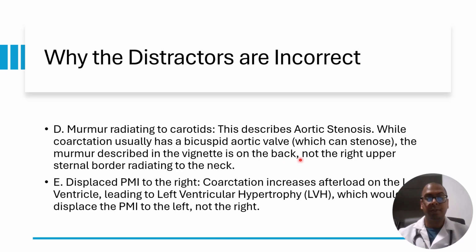The murmur that was described was the one in the back and not radiating to the neck. Displays PMI to the right. In coarctation, you may have some left ventricular hypertrophy, which may display the PMI to the left instead of the right. So this is incorrect.